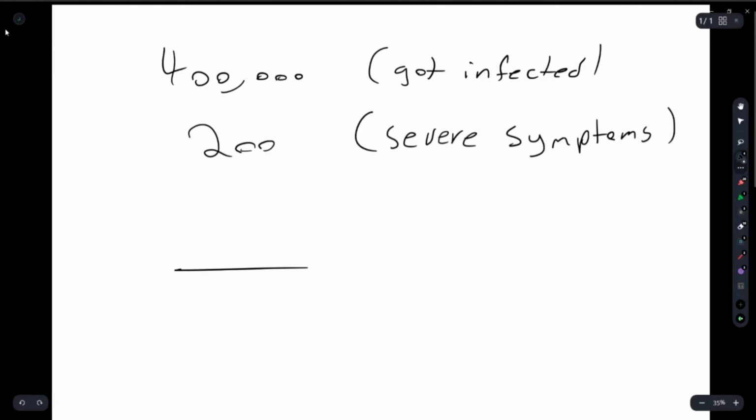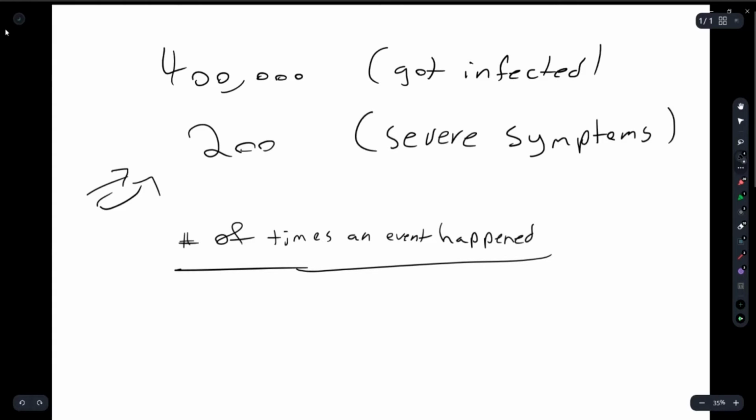So, the formula for data and anything similar to this is the number of times an event happened over the number of times the experiment was performed.